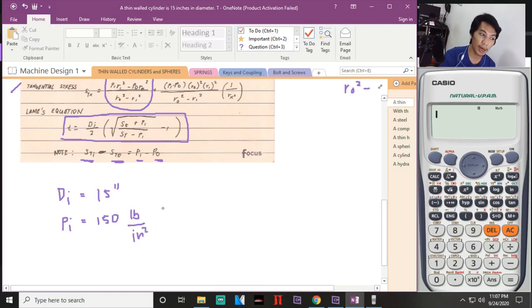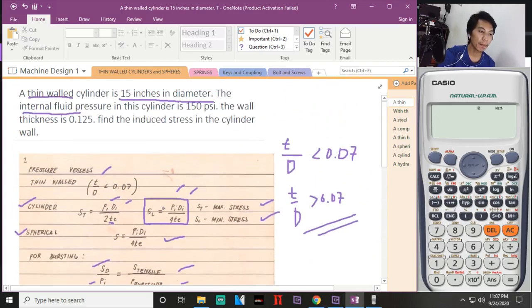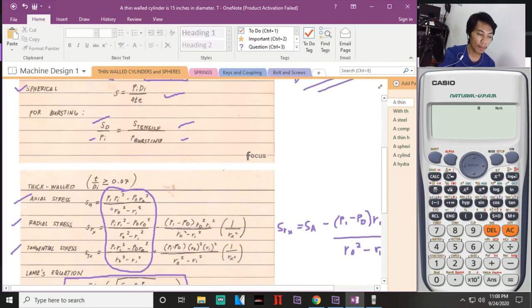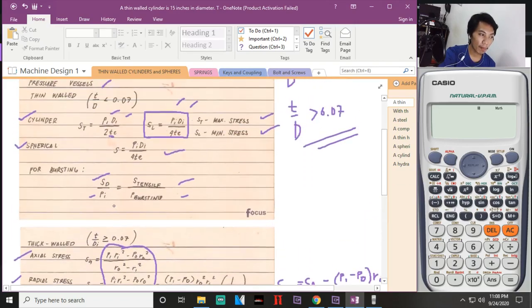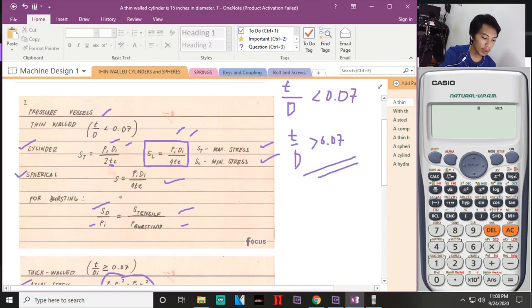Ganito ko mag-solve para yung unit cancellation nyo is dire-diretso na lang. And, what are the other given? The thickness is 0.125 inches yan. Find the induced stress in the cylinder. Siyempre, induced stress.